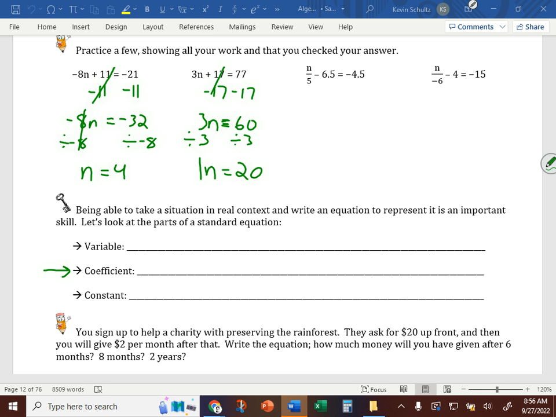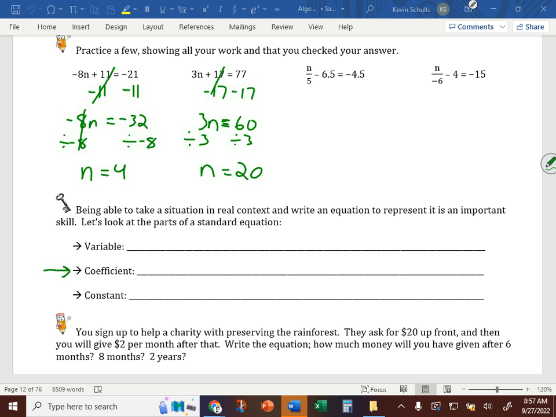Of course, we don't write the 1n, because when our coefficient is 1, we just assume it's there. We're taking how many n's we have, dividing them into that many groups, and that tells us how many n's are in each group. Does that make more sense?